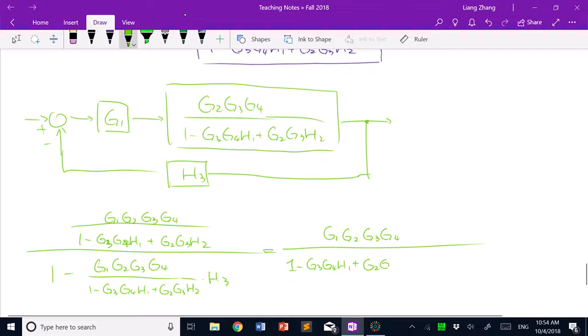On top, above, and then here again you have 1 minus G3, G4, H1.